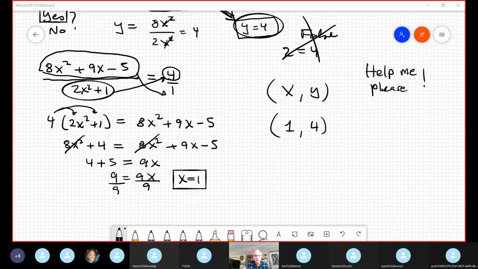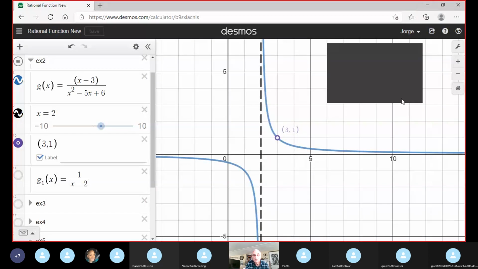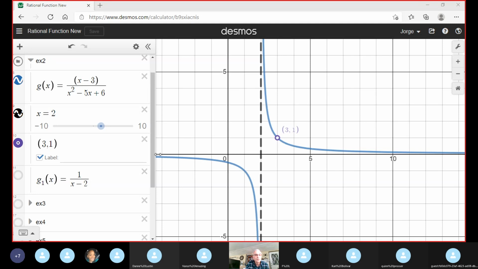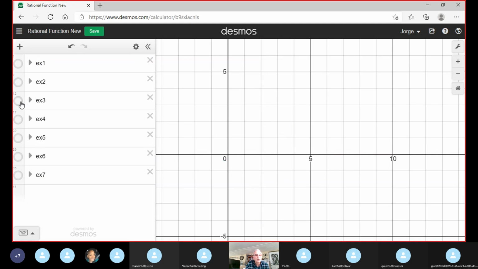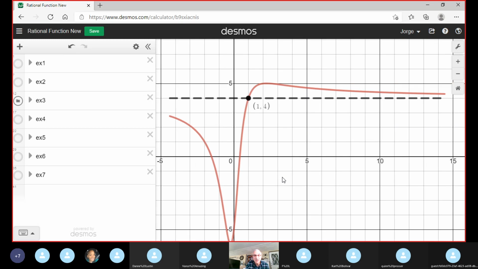Okay, example 3. I want to switch into Desmos. Okay, Desmos now. Okay, there you go. Cool. Do you see Desmos, right? Let me see if this is example 3 or not. Oh yes, look at that.